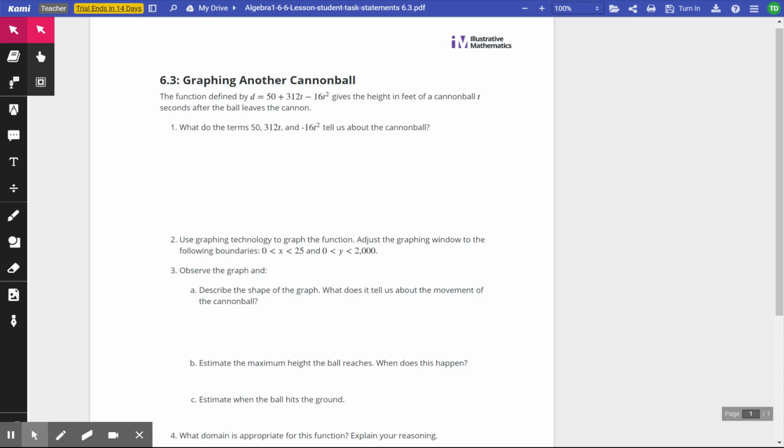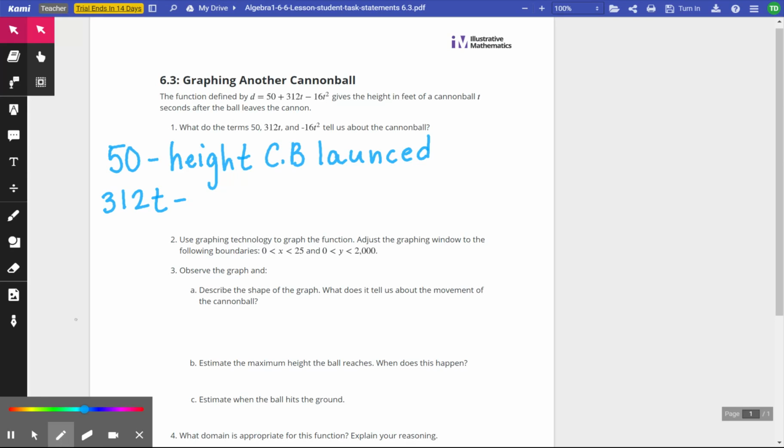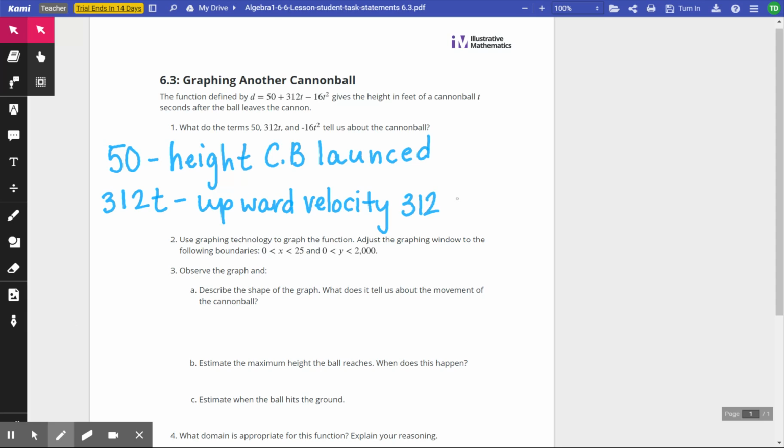So 50 is telling us the height that the cannonball was launched from or fired from. 312t tells us that the upward velocity is given by 312 feet per second. So that kind of takes care of the linear portion.